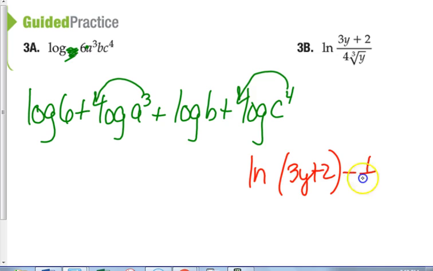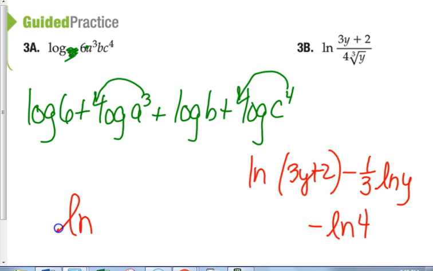Okay, it is 1/3 the natural log of y, but somewhere we also got to deal with that 4. Would that work? It would. You could switch the order on those two, but why are they both minus?